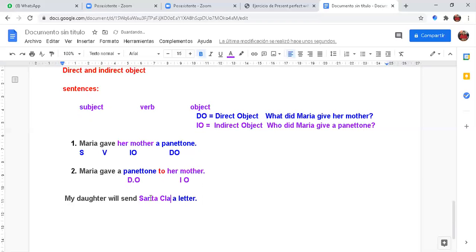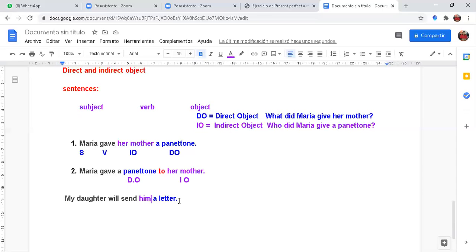In place of saying Santa Claus, I can use him. My daughter will send him a letter. My daughter will send Santa Claus a letter.